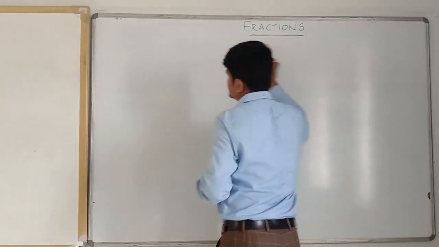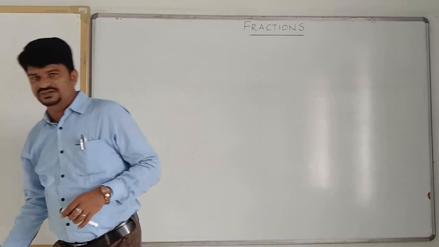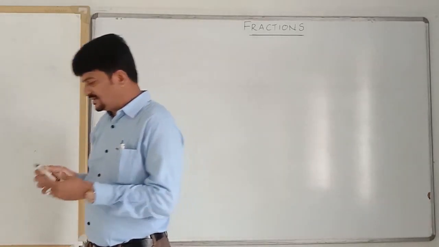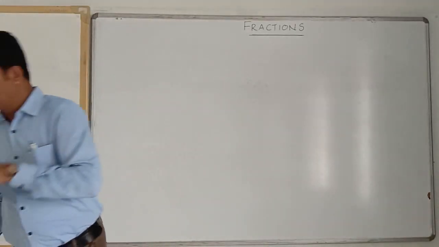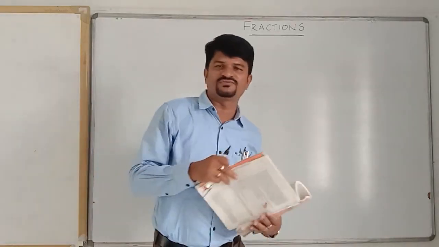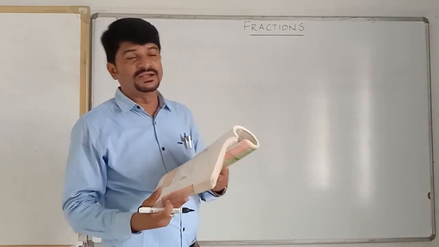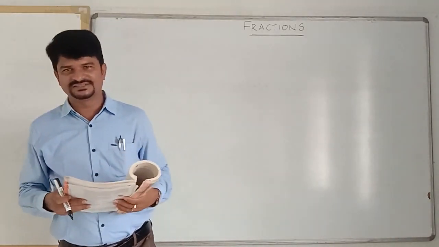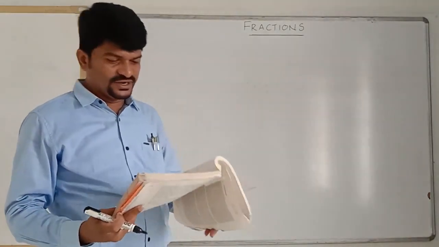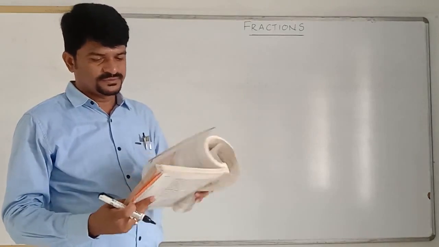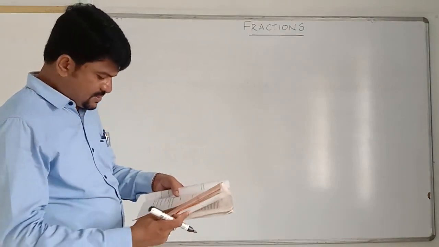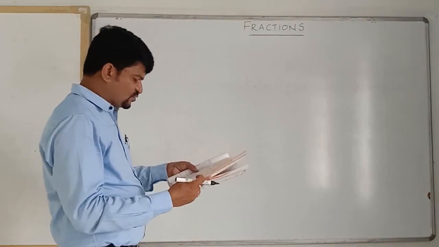Now let me solve some questions related to these two concepts. Children, sometimes you can multiply to get equivalent fractions, but sometimes we can divide also. By division also we can get equivalent fractions. For example, find the equivalent fraction of 2 by 5.